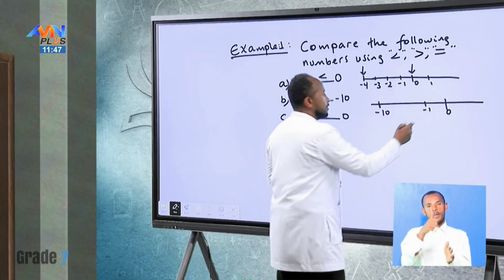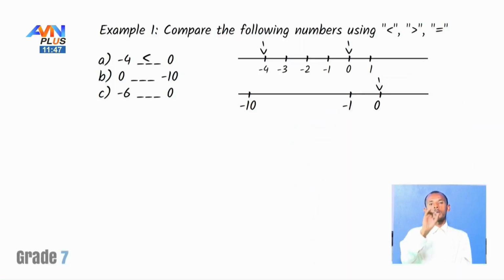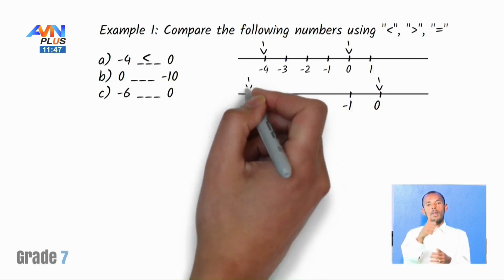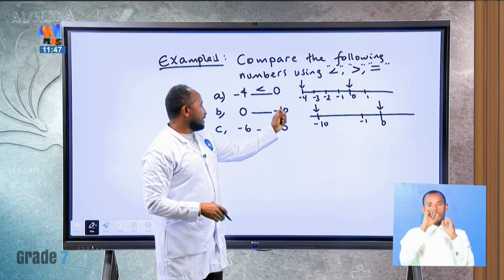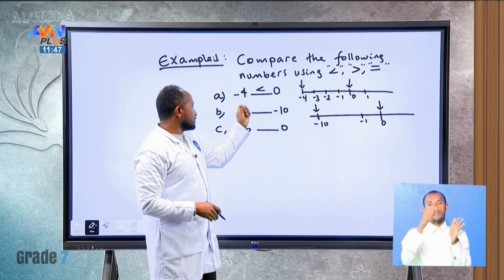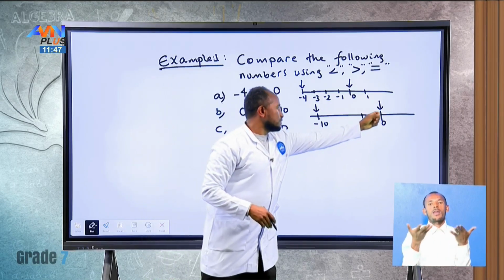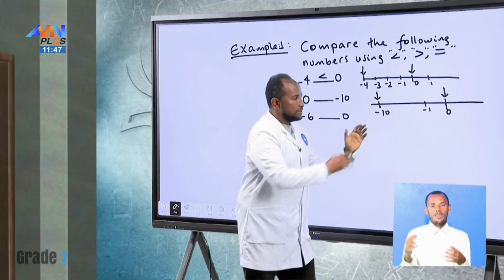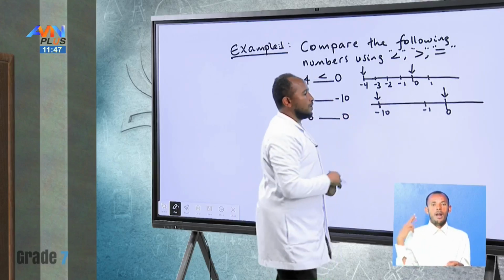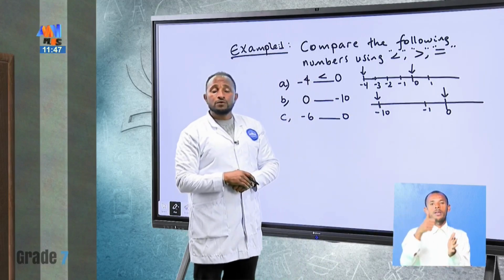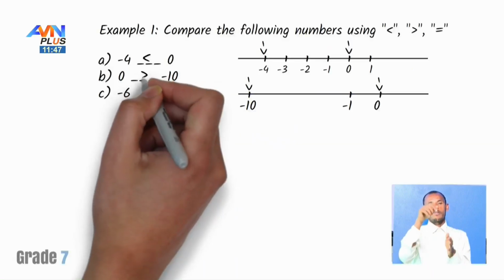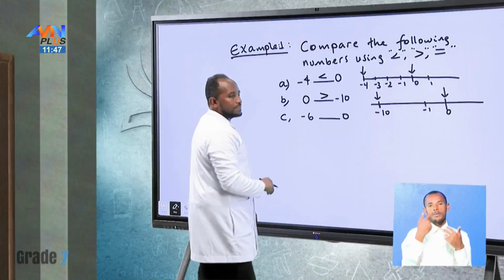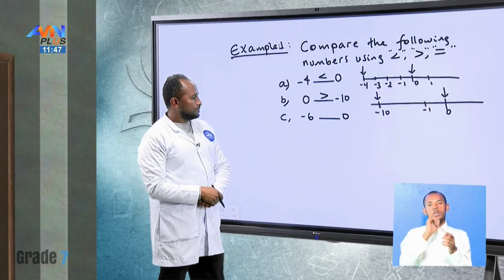When we compare 0 with -10, where is the location of 0? 0 is to the right of -10. Therefore, 0 is a greater number. 0 is bigger than -10.